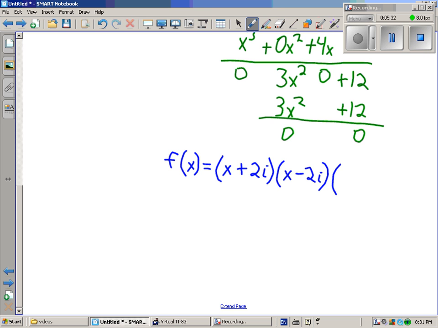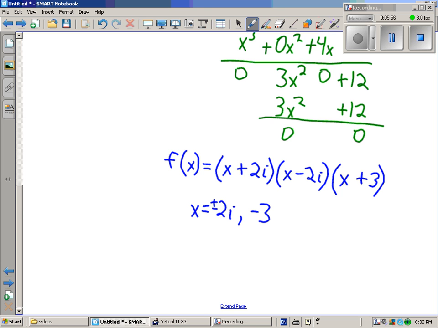And then our last remaining factor is going to be x plus 3. So our zeros are going to be at x is equal to 2i, negative 2i, so plus or minus 2i, and negative 3. So now we have that fully factored out.